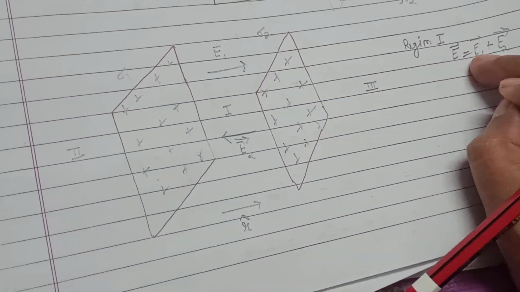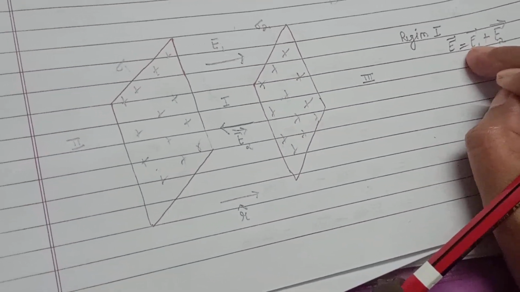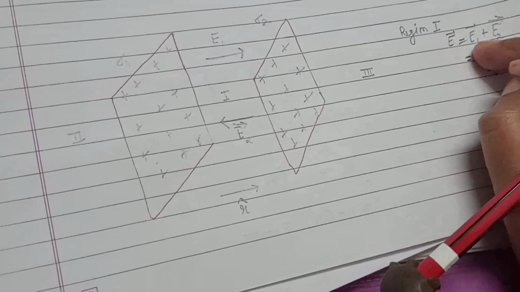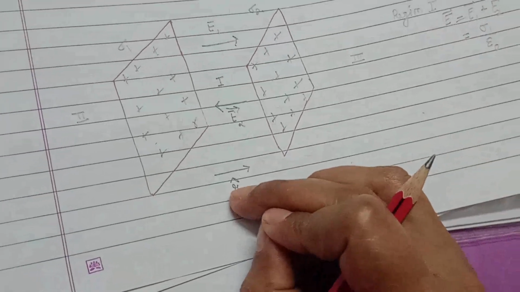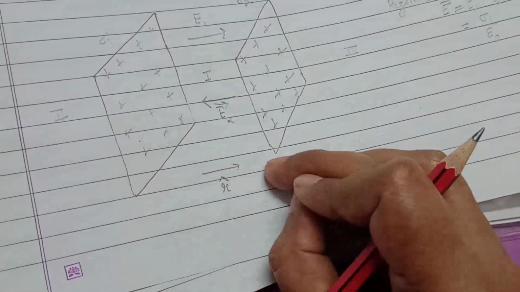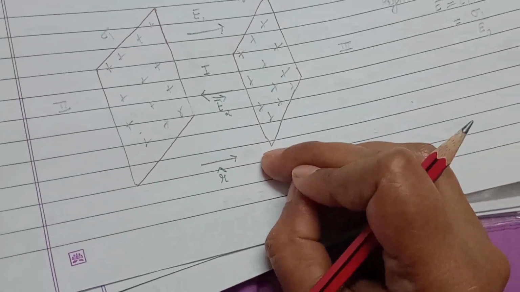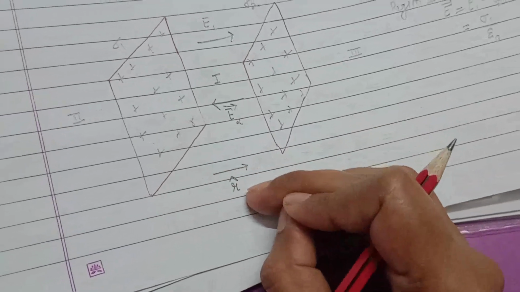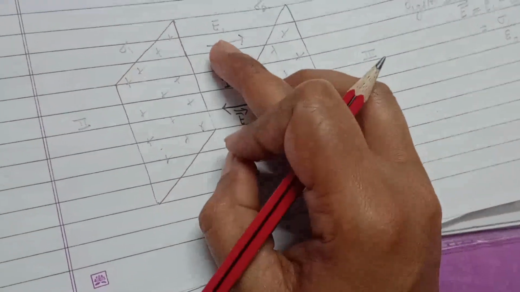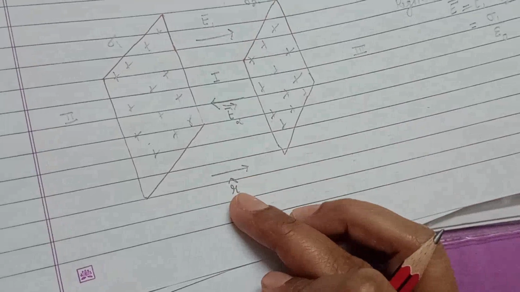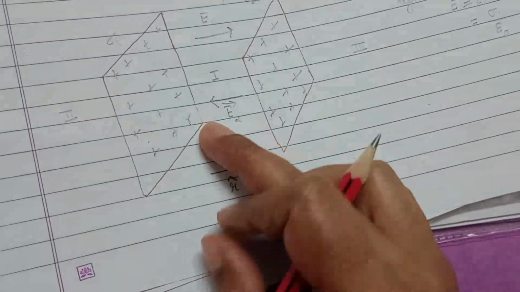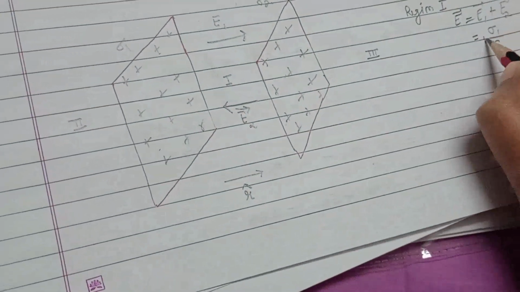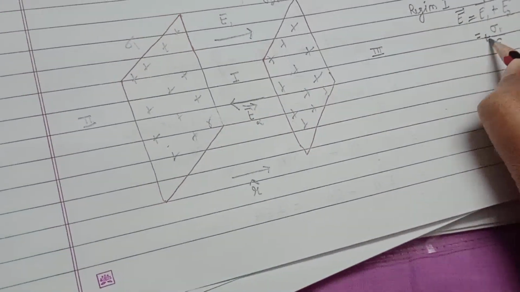Electric field is a vector quantity. So to find the direction of the electric field, we have already supposed a unit vector; the direction of the unit vector is taken as positive, and the direction just opposite to this vector is taken as negative. This E1 and this r unit vector are in the same direction, so you write here plus sigma 1 by 2 epsilon naught.